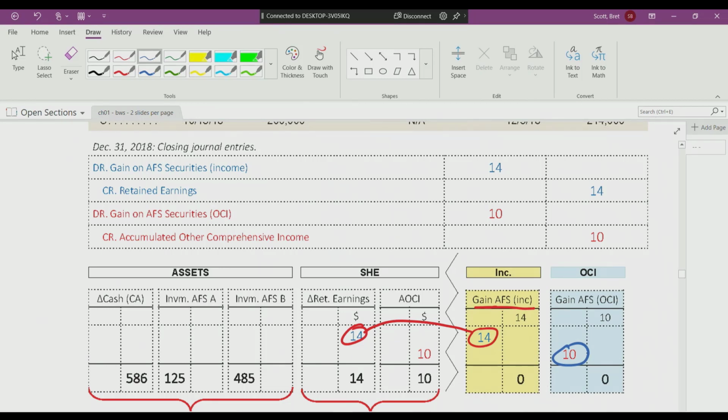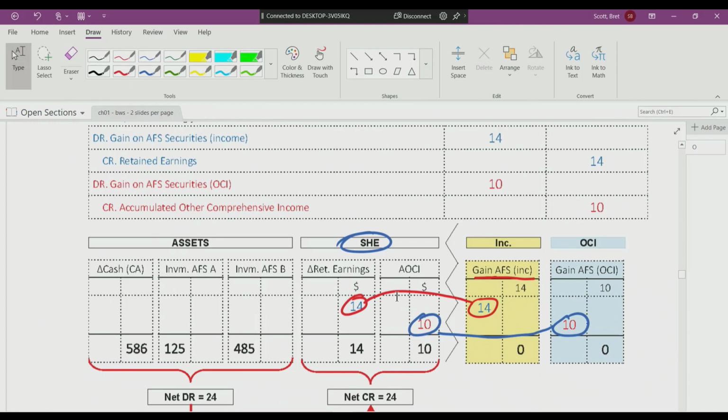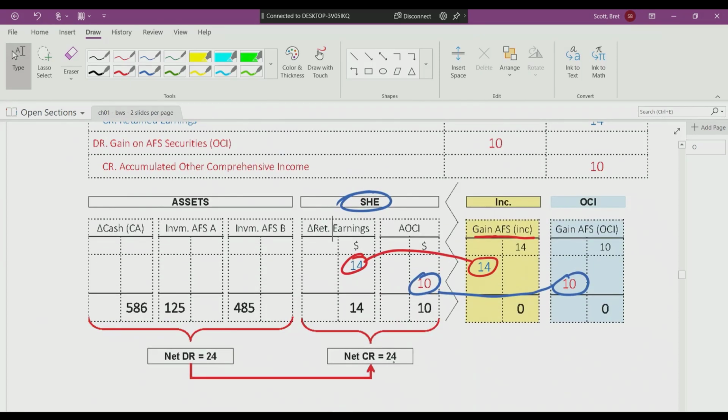That's considered other comprehensive income, and it gets put into its own equity account called AOCI. They both show up in the statement of stockholders' equity. They're still equity accounts. Overall stockholders' equity will increase by the full 24, reflecting an increase in the assets for the full 24. Nothing from a broad perspective is really different or manipulative here.